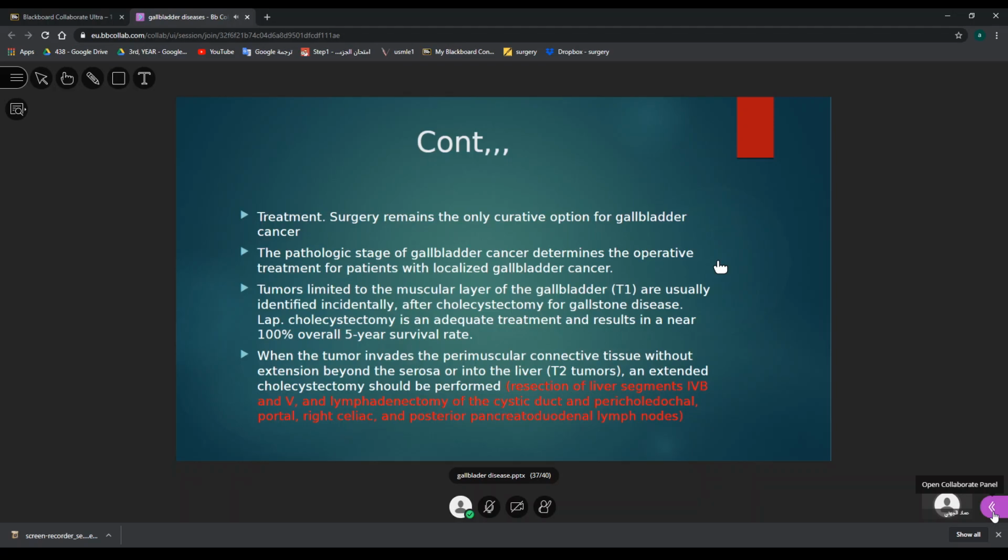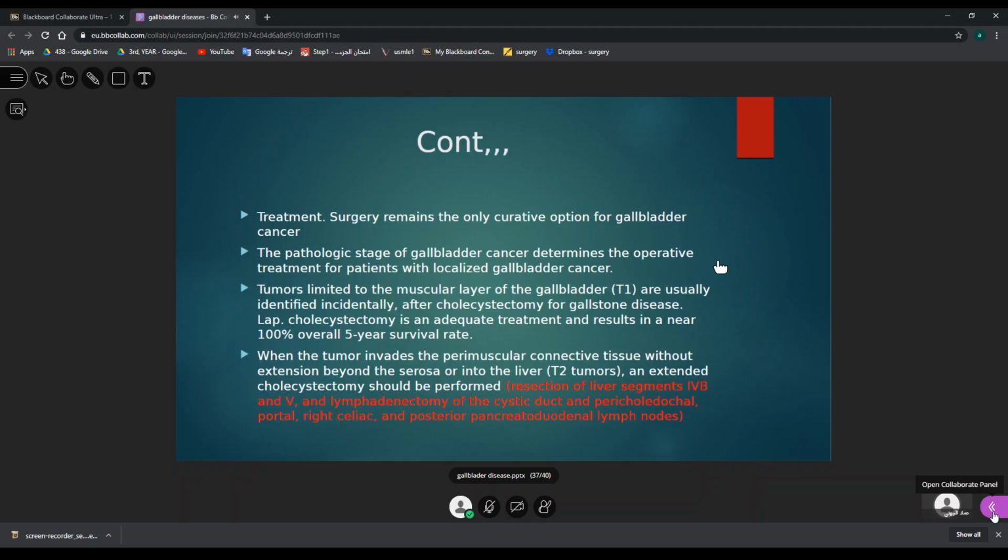So when the tumor extends beyond the perimuscular connective tissue, we do extended cholecystectomy.